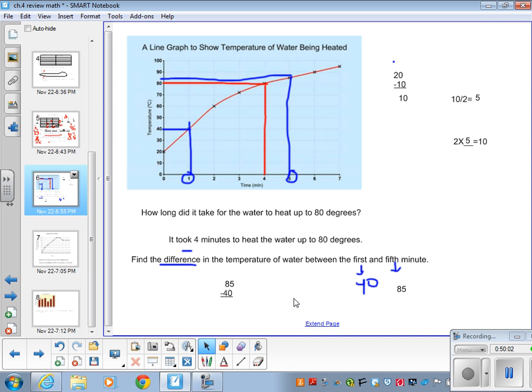Pause the video, solve this subtraction problem, then come back to see if you had the same answer as me. See you soon. All right, welcome back. 5 minus 0 is 5. And 8 minus 4, 8, 7, 6, 5, 4 is 4. The difference in temperature is 45.